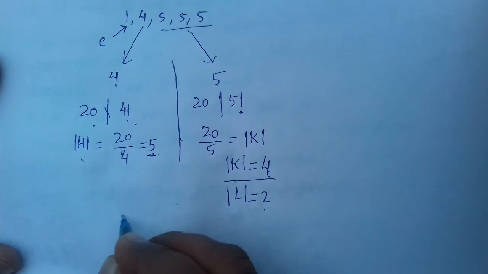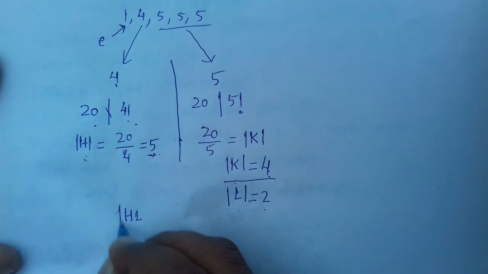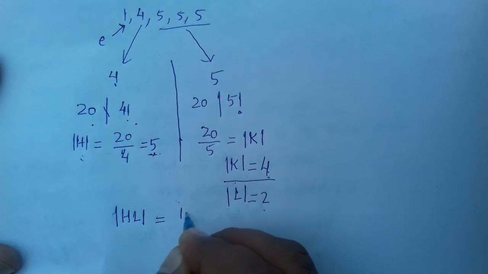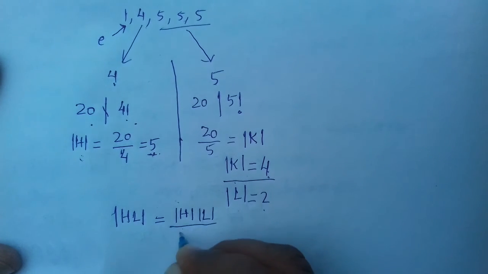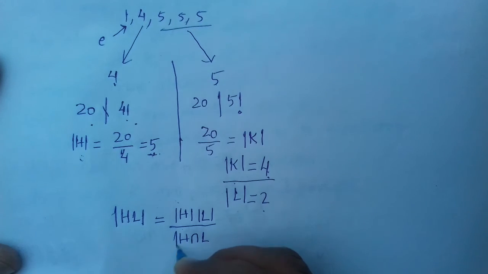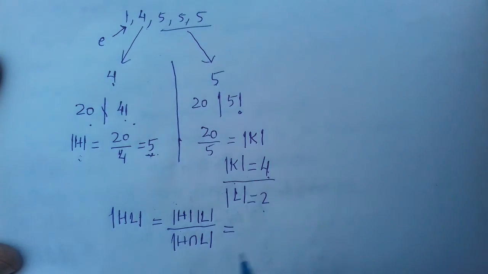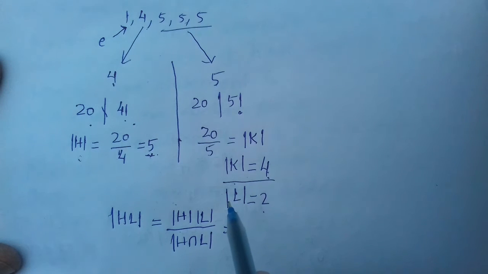Now let us observe HL. If you find HL, then the order of HL will be the order of H times the order of L, divided by the order of H intersection L. But you must see that here 5 and 2 both are prime numbers. So H and L both are cyclic subgroups, and 2 cyclic groups with orders of different prime numbers have only the identity element in common.